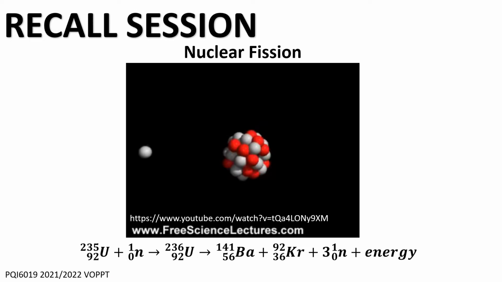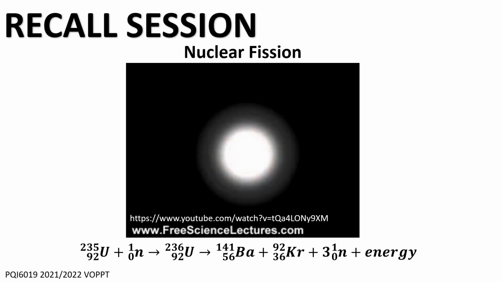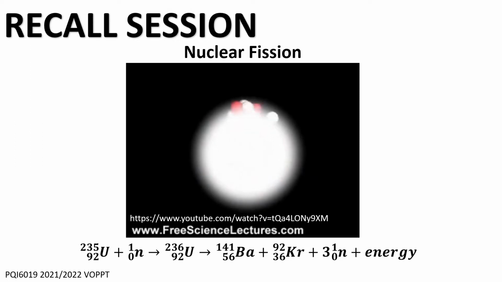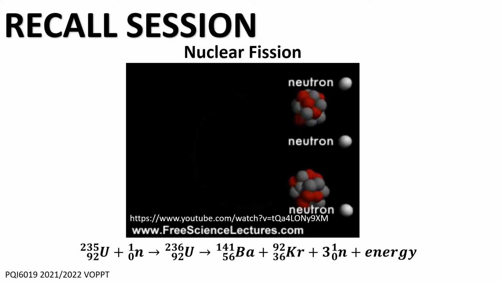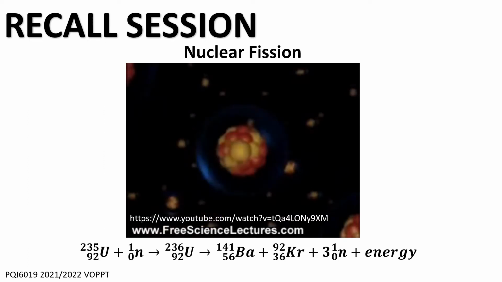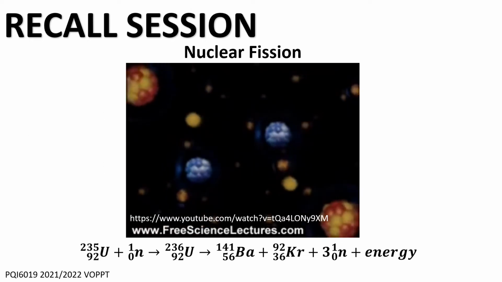Next, when the neutron hits the nucleus, it will produce an unstable uranium-236, which then this fission will release an energy and produce barium-141, krypton-92, and 3 neutrons. This is how fission happens.